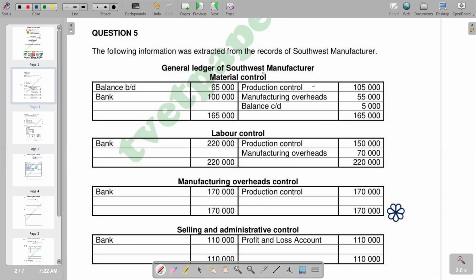So what does it mean? We say 45% times manufacturing overheads, which is 170,000. And then we get the fixed component inside our manufacturing overheads. So we get 76,500.